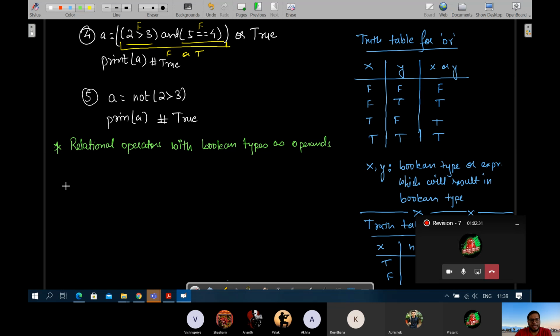So now let's say कि this 2 and 3 की जगह we have true and false, something like that. Okay, so examples कुछ कुछ देखते हैं.